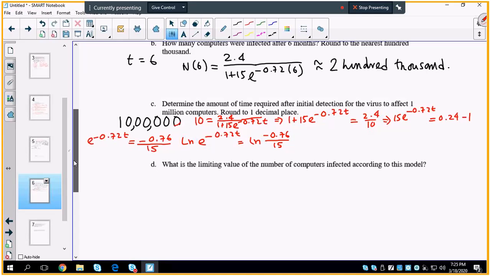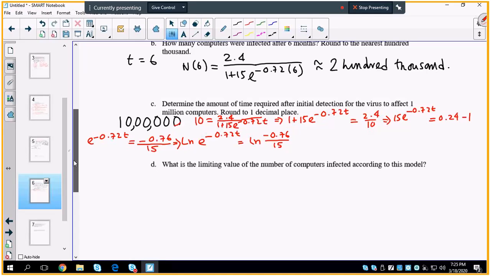Now at this point, look at the natural log quantity on the right hand side. This number, negative 0.76 over 15, is a negative number. Since this is a negative number, I cannot take the natural log of it. What does that tell me? It tells me that the number of affected computers can never be 1 million.